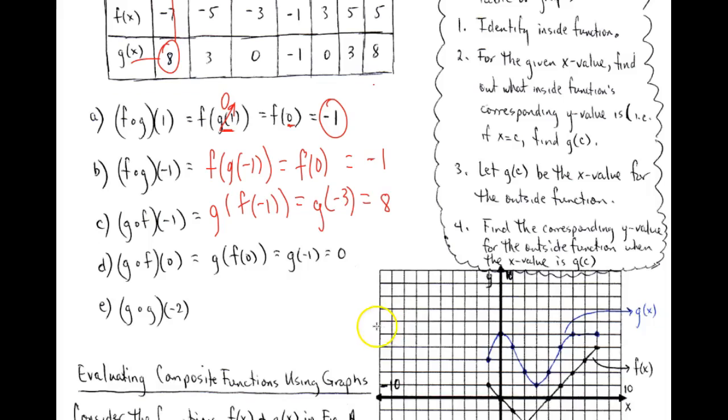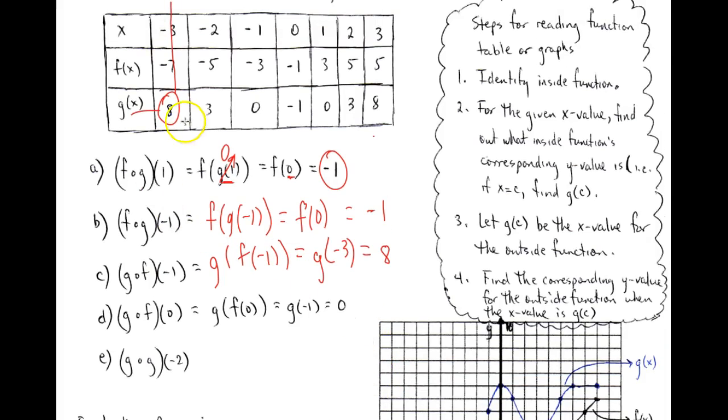Of course, for our example D here, go ahead and go through that quickly. So here we see that g of f of 0 is the same as g of f of 0 here. And we know that f of 0, from what we saw up here, is just a negative 1.